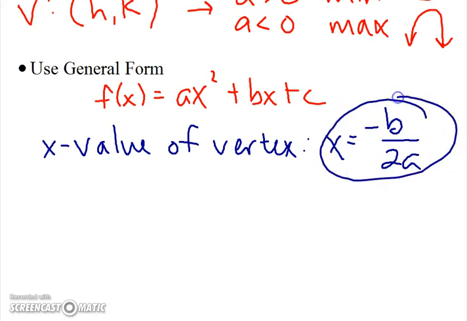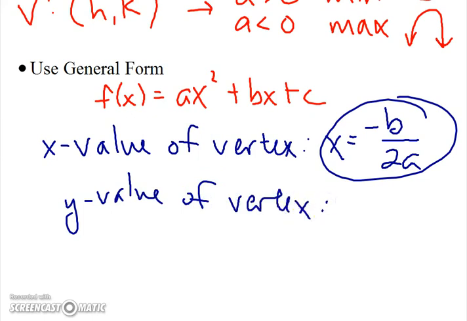So that gives me the x value of the vertex, and then the y value of the vertex we just plug into our function, f(-b/2a). So whatever we get up here for x, you plug it in for x, and you solve.